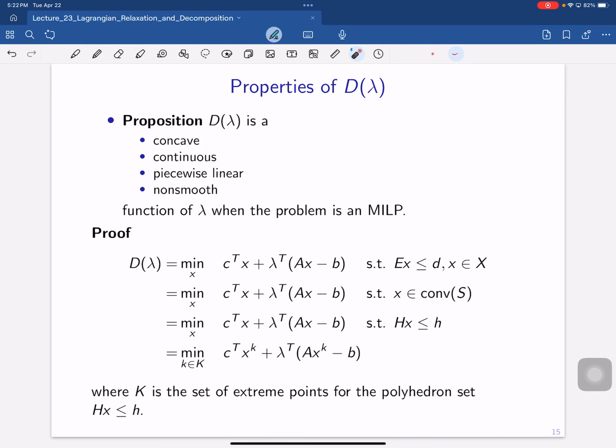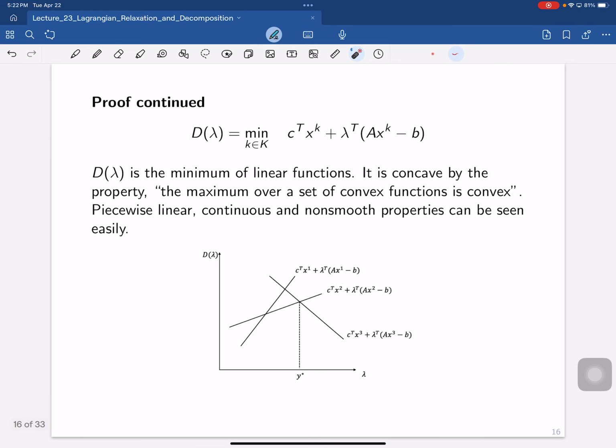Since this minimization over linear functions is piecewise linear, it is also continuous. But the thing is that this function is so-called non-smooth because it's not differentiable everywhere. At these points, the function is differentiable.